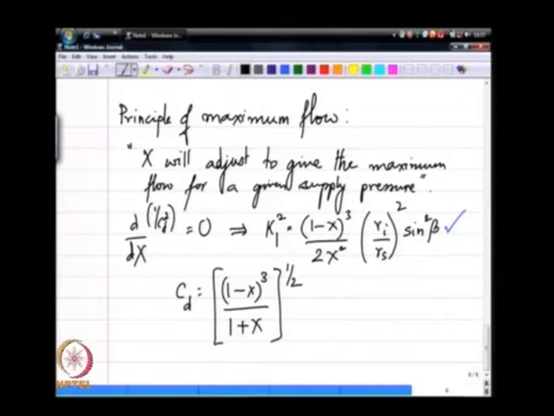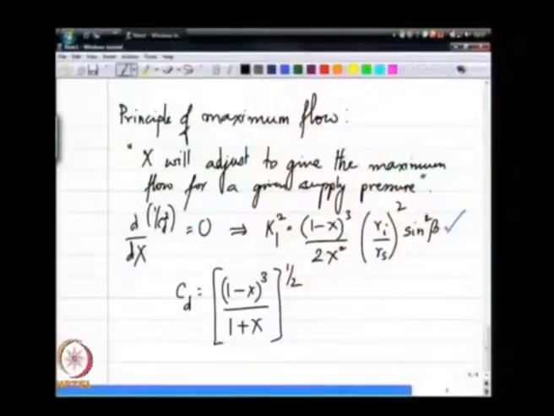Essentially, if I know C d, I can solve this as a cubic polynomial equation for x, that usually has 2 complex roots and only 1 real root. So, you are guaranteed to get a value for x that is real, and usually between 0 and 1, that is what you want.